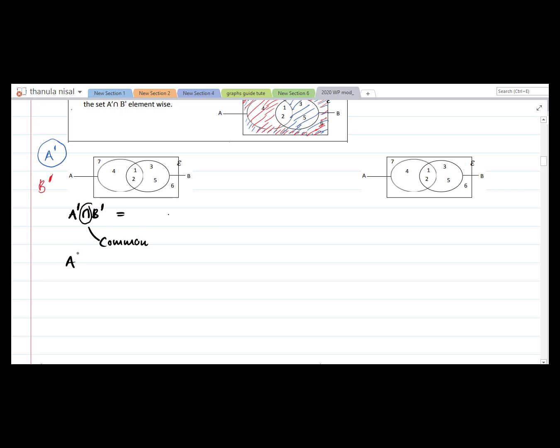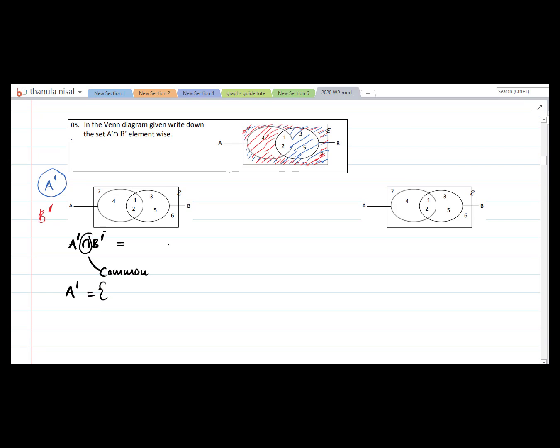If we write the terms of A dash, what are they? We can write 3, 5, 6, 7. B dash, we can write 4, 6, 7.